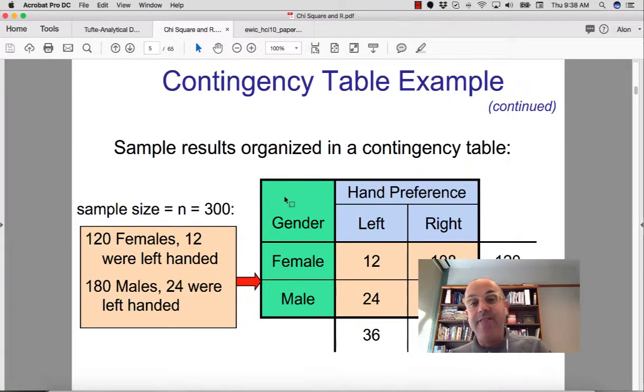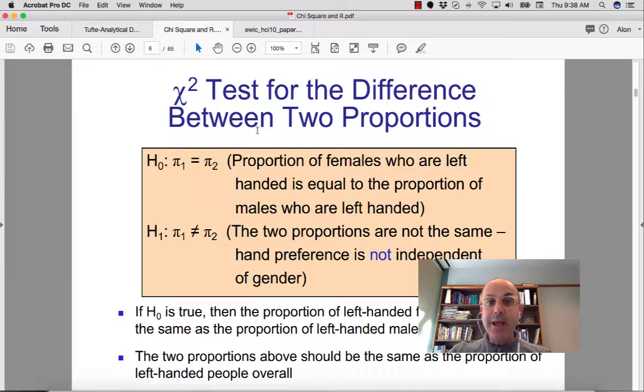So we are having hand preference and gender, female or male. And so we have some result that we are able to summarize. To address the differences between those two proportions, we are using the chi-square test, and we are learning how to apply that.